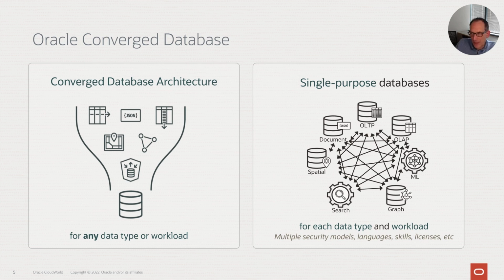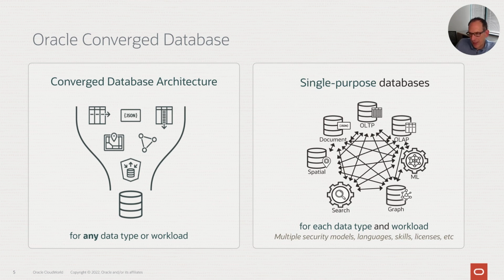And the reason our customers really like that is that they can run all their workload types in one database architecture. It doesn't mean that it's all stored in the same database, but it's on the same database technology, meaning it's the same consistency model, the same security model, etc. So the skills can really be reused across different workload types.